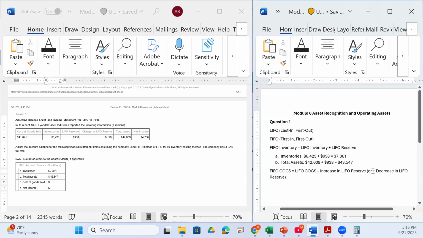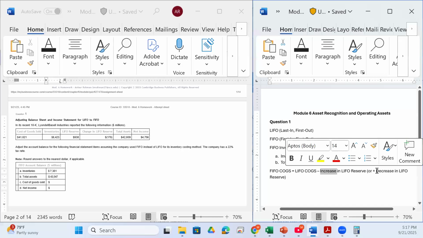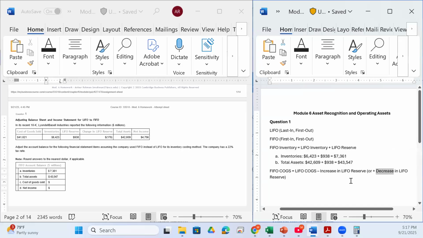Or if it is a decrease, you have to add the decrease in LIFO reserve. So here we have to focus on the change in LIFO reserve instead of the total LIFO reserve, because in case of balance sheet, we need the cumulative effect, so we need the total reserve.